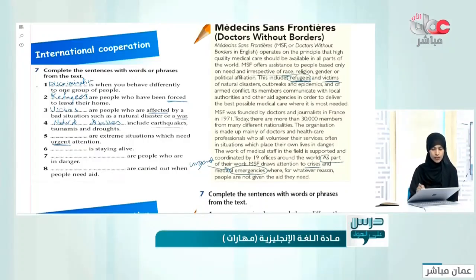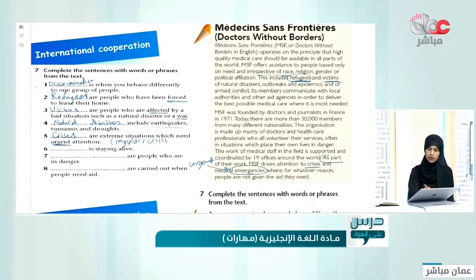The singular is crisis with an I, so it's going to be crises, and I just want to give you the singular form, which is crisis. No need for the bracket there.